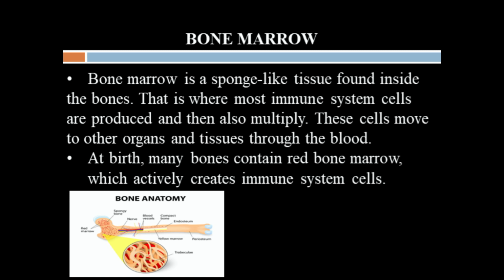So whatever blood cells are produced in the bone marrow will be circulated through the blood. At birth many bones contain red bone marrow, which actively creates the immune cells. The immune cells are involved in the immune response, so that's why the bone marrow is very important.